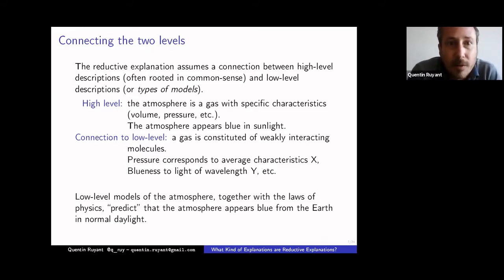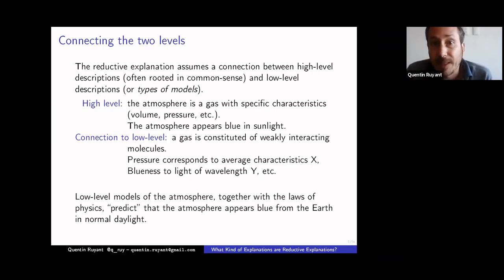First, we can note that the reductive explanation assumes a connection between high-level descriptions, which are what we want to explain, the blueness of the sky, often rooted in common sense, and low-level descriptions, or types of models that will be used for the explanation. The high-level description can be made a little bit more precise.